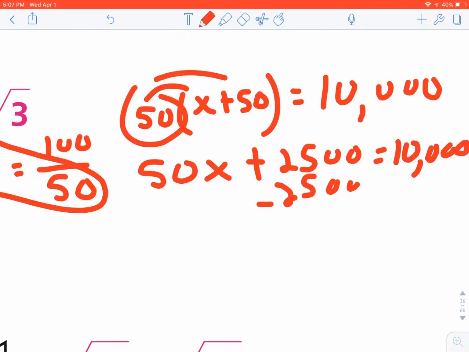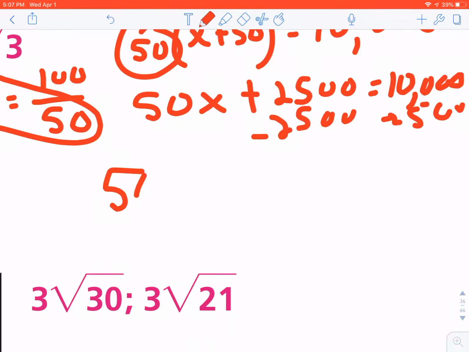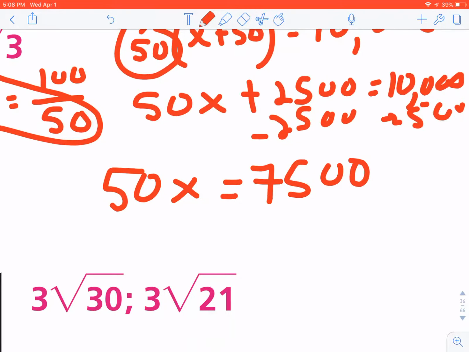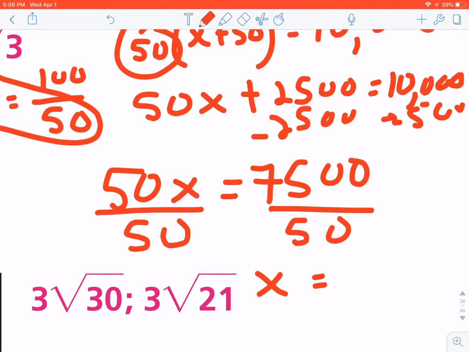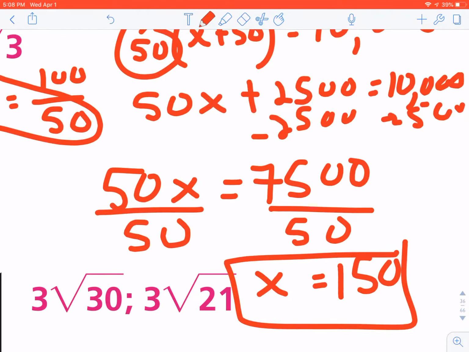Minus your 2,500 from both sides. 50x is equal to 7,500. And then divide both sides by 50. And x is 150. So there's your length for x.